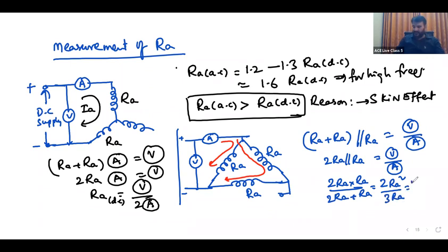That is equal to 2 by 3 into RA. But what is RA? RA DC. So RA is equal to 3 by 2 into voltmeter reading divided by ammeter reading. So resistance can be measured with voltmeter and ammeter reading.